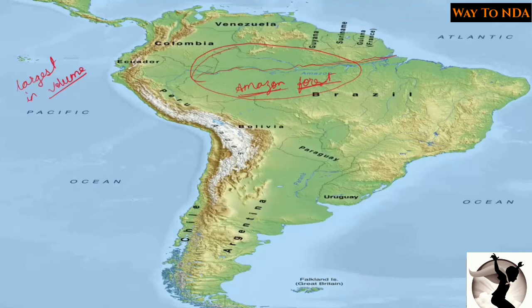And here on the western coast, you will find the Andes. The Andes is the mountain range in South America. On the western side of the Andes mountain, you will find the Atacama desert. The Atacama desert is the driest place on the earth.